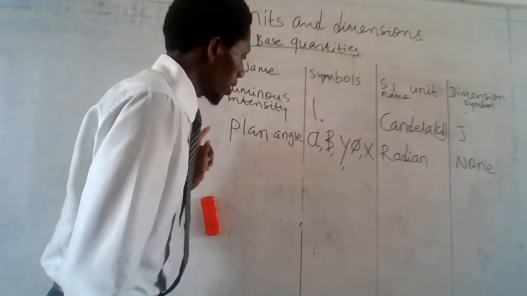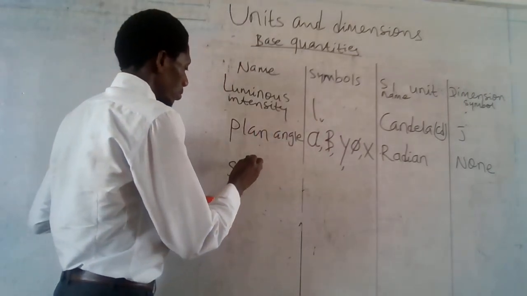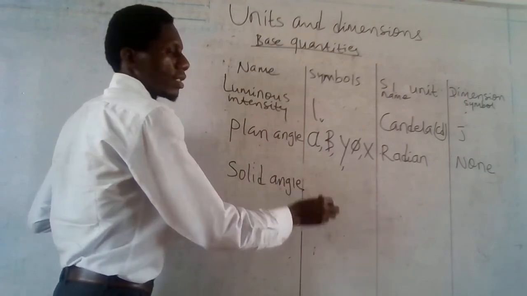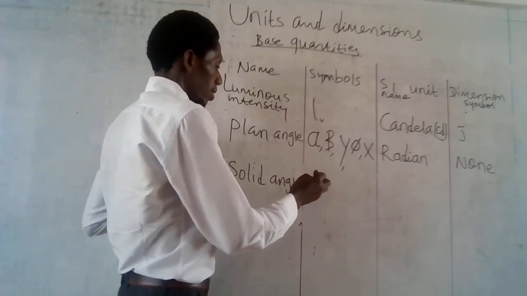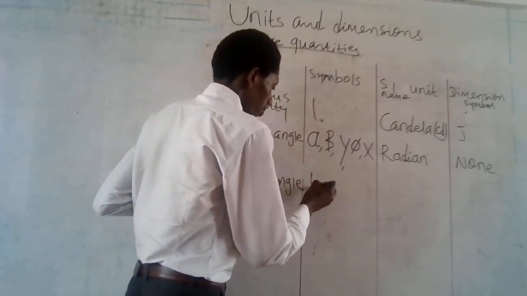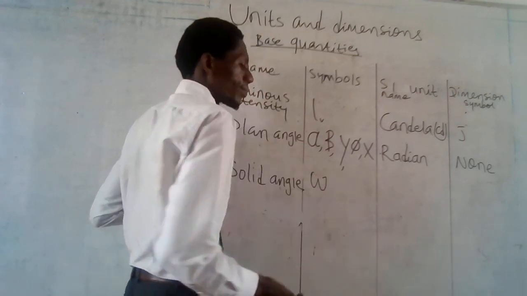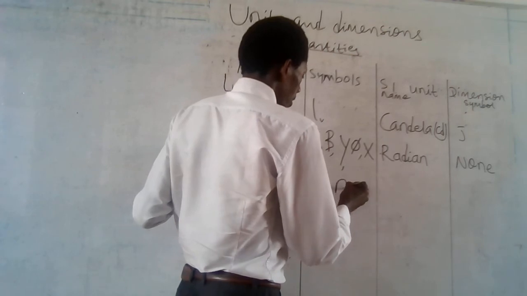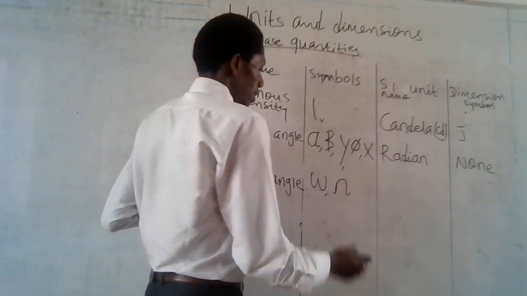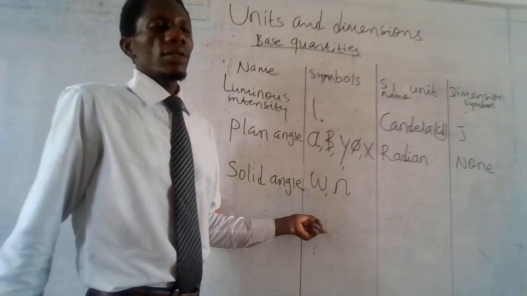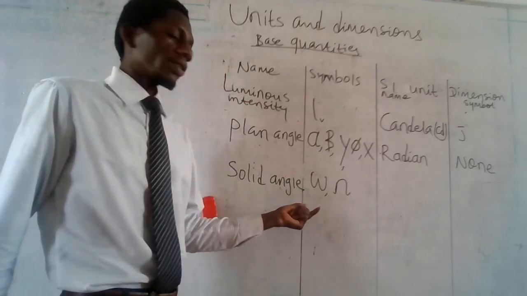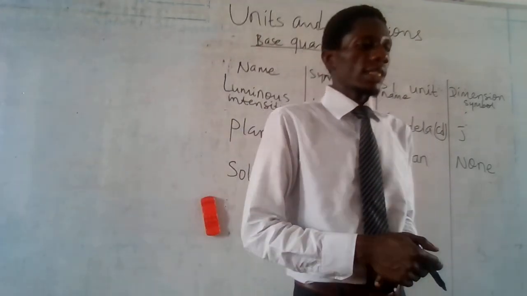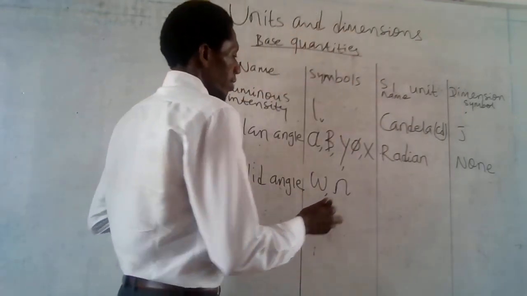And then we have solid angle. Solid angle has these symbols, and this one. These are the symbols for a solid angle, and the SI unit is the steradian.